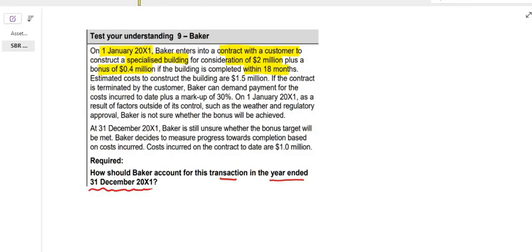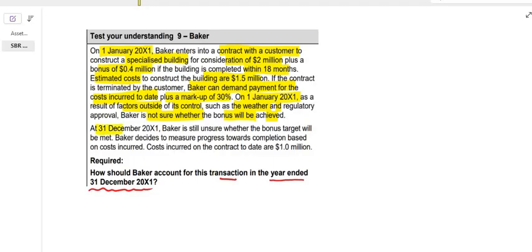Now the estimated cost of construction is also given. This is the total estimated cost. If the contract is terminated by the customer, then we can demand the cost incurred to date plus markup. This is the point you have to consider. And then on 1st Jan 2001, as a result of factors outside of its control, such as the weather and regulatory approval, B is not sure whether the bonus will be achieved.